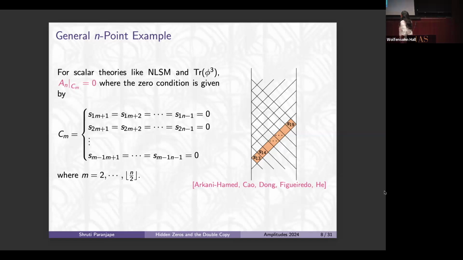Okay, so basically in this kinematic mesh, every closed rectangular region corresponds to a 0 condition. Okay, and these are the generic form of the 0 conditions. All right, so these are the rectangular regions.